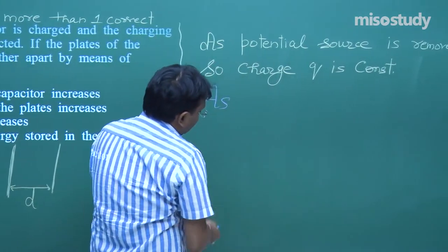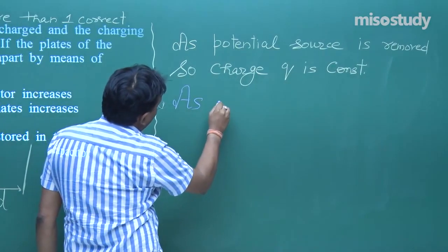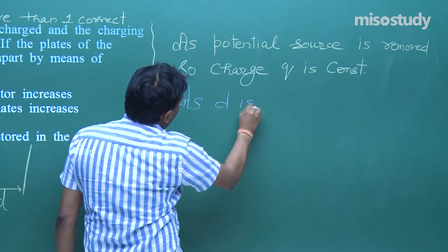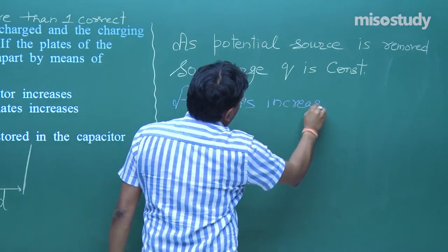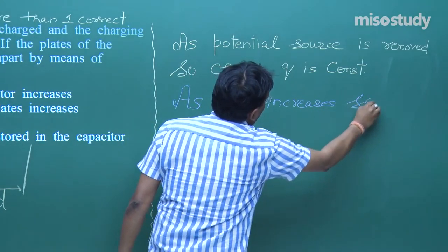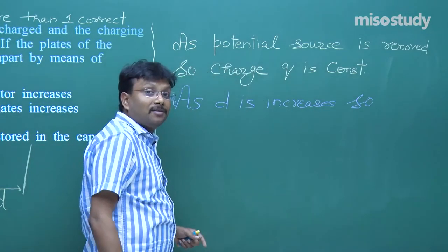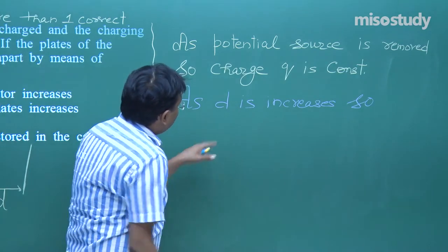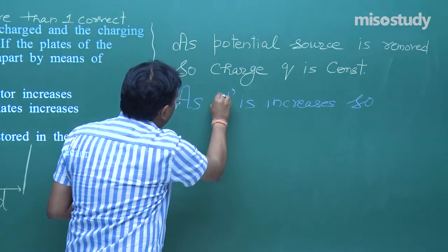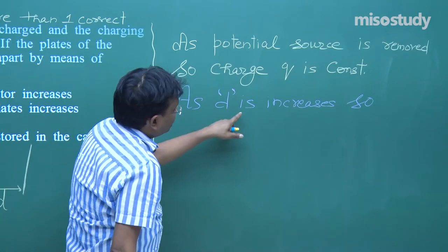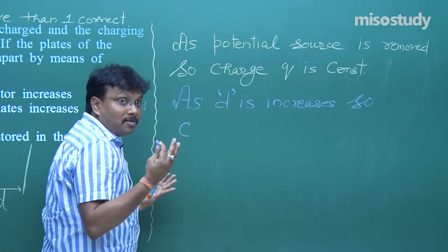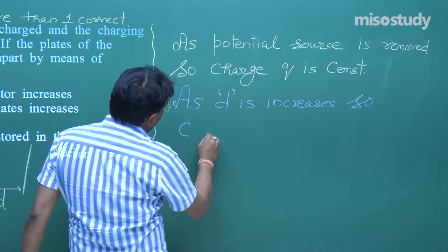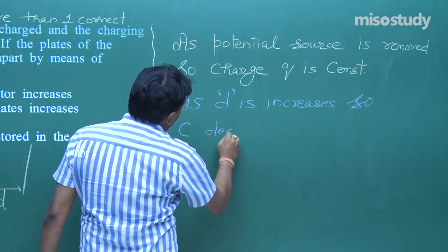As D increases, what will happen with the capacitance? It will decrease. So as D, the gap, increases, C, the capacitance value, decreases.